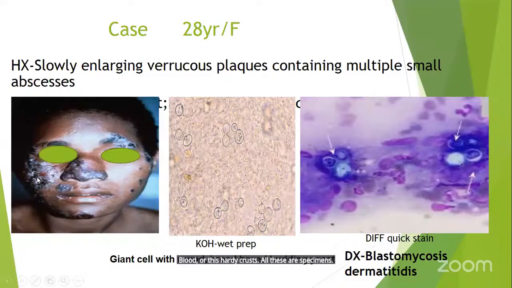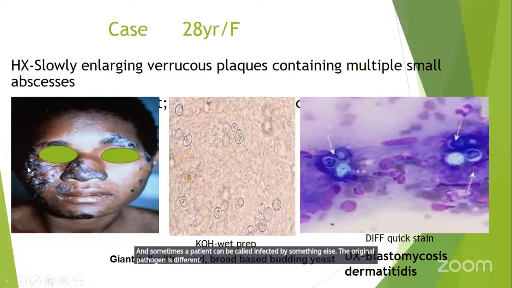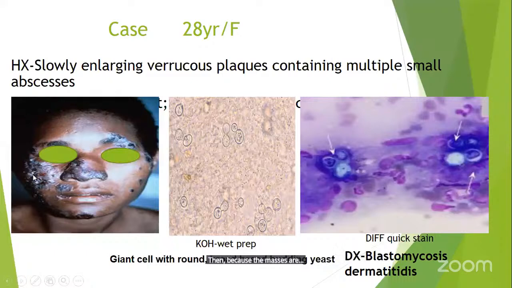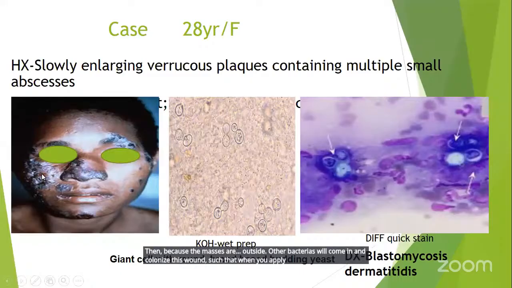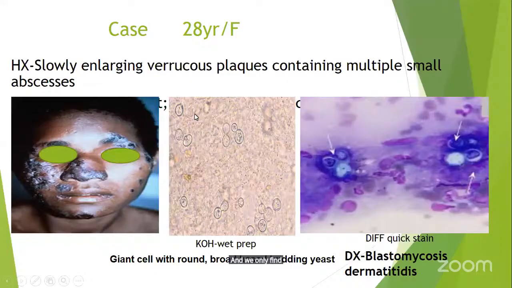And sometimes a patient can be infected by something else. The original pathogen is different. Then because the masses are outside, other bacteria will come in and colonize this wound, such that when you apply the specific medication, the patient will not heal until you find the other enemy inside. And we only find beautiful things like this.